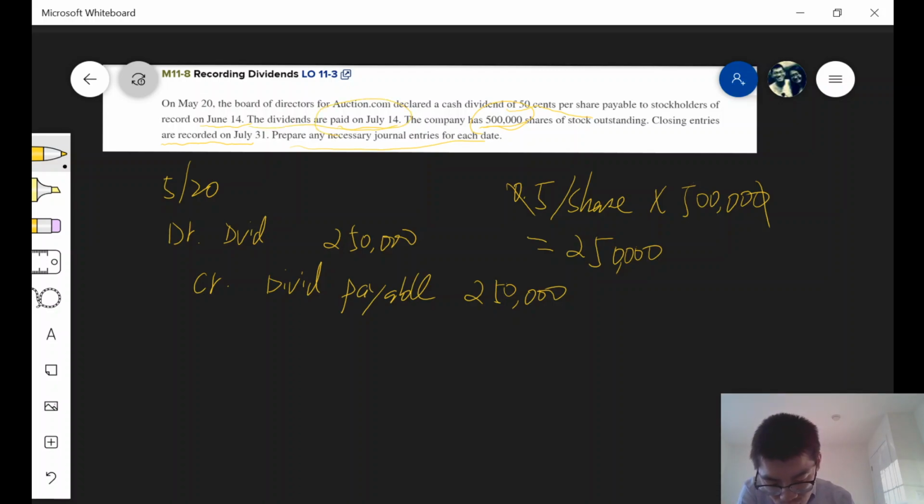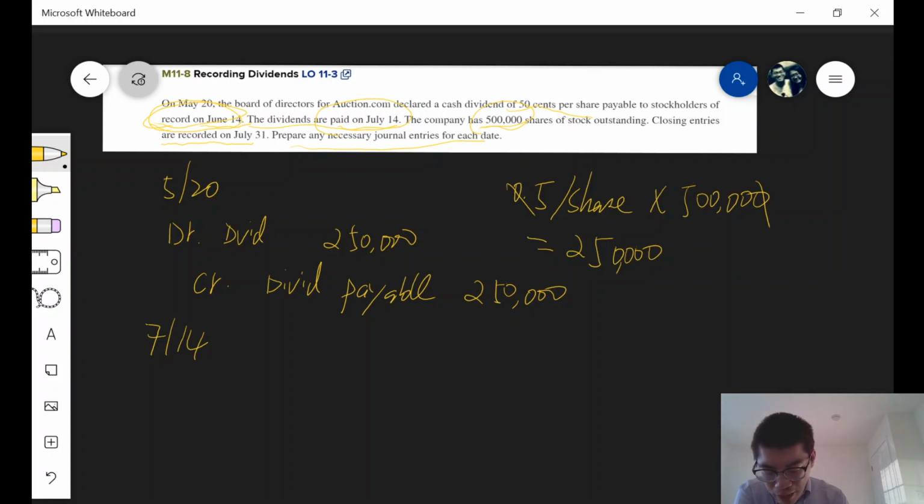Now it comes to the date of payment, which is July 14th. On the date of record, we don't do anything, because it's only the date for the company and the financing agency to gather the information on who owns how many shares of the common stock. So there's no accounting record at all.